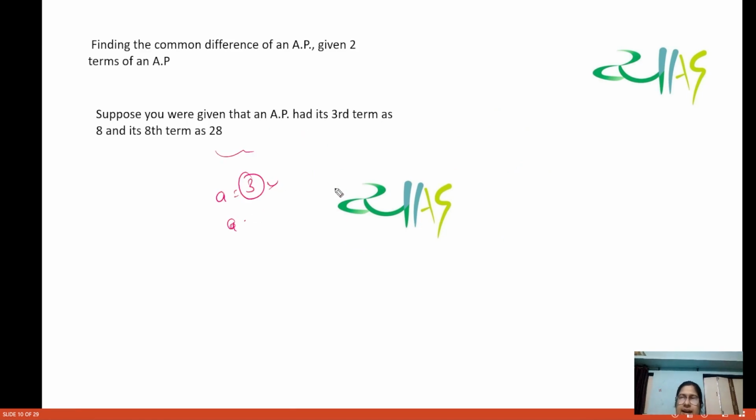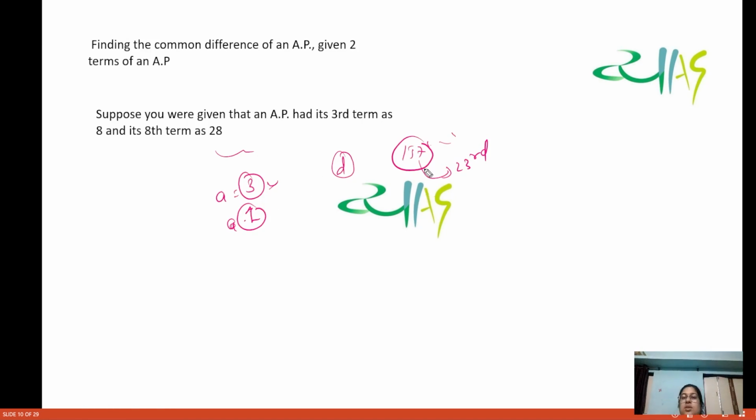ओके, लुक एट दिस थिंग। सो वी हैव, ये मैंने फर्स्ट टर्म 3 ले लिया एंड लास्ट टर्म ले लिया मैंने 154। एंड नाउ बेसिकली इट इज आस्किंग दैट व्हाट इज द कॉमन डिफरेंस d, इफ दिस इज द 23rd term and this is the first term.